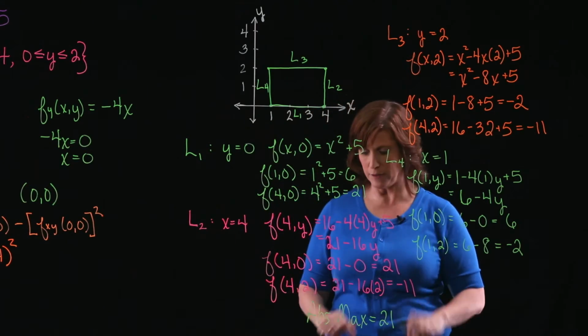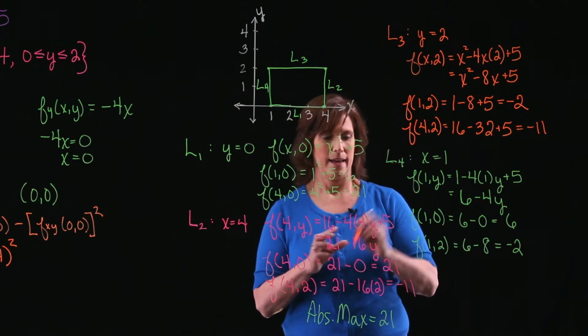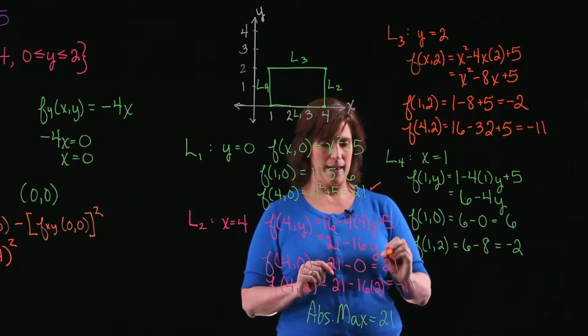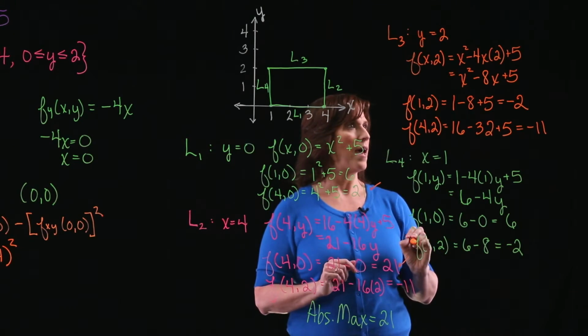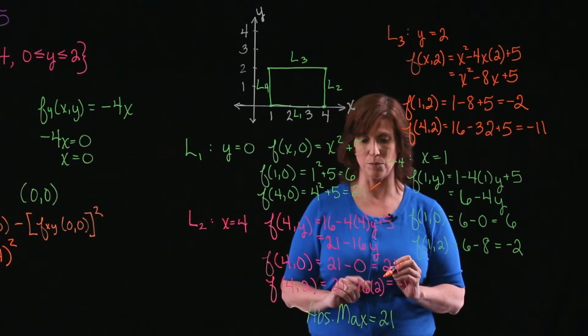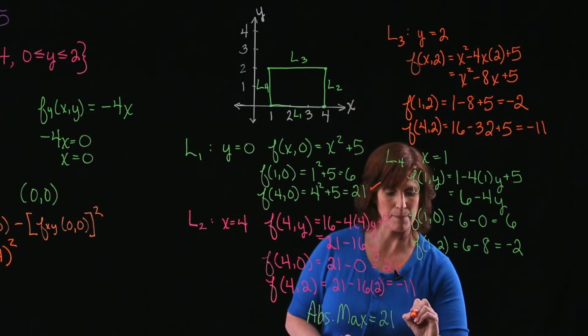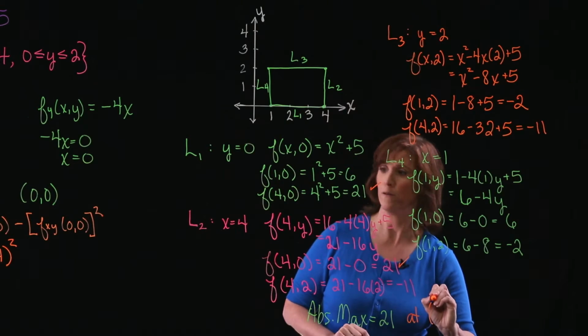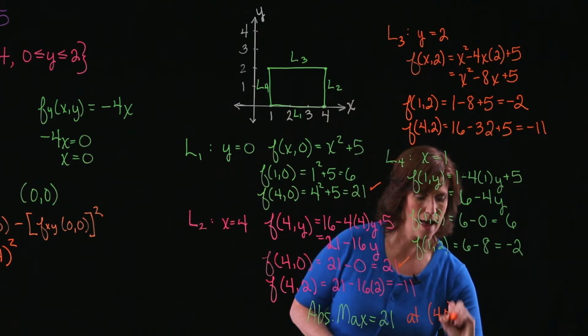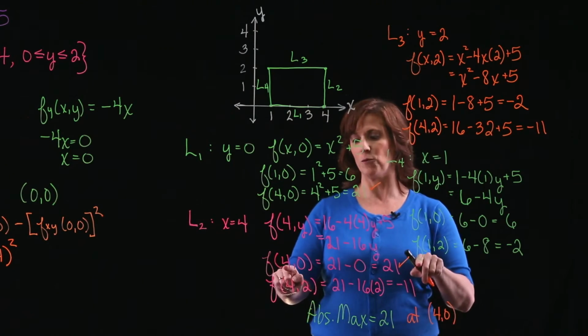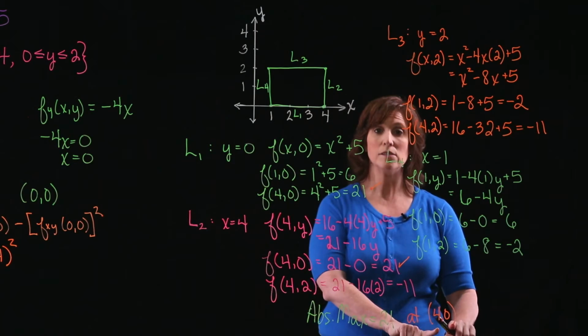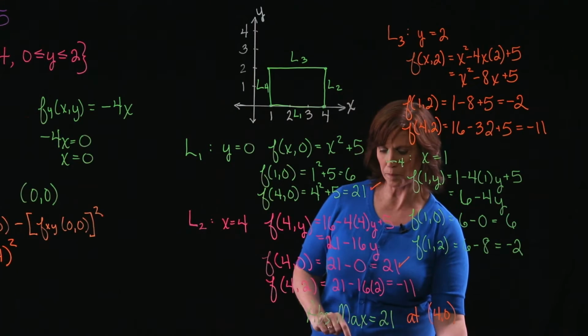And it happens a couple of different places. It happens here, it happens here, and I guess those are the two places where the maximum occurs. So it happens at the point (4, 0). Actually, this is the same point. So it happens at (4, 0).